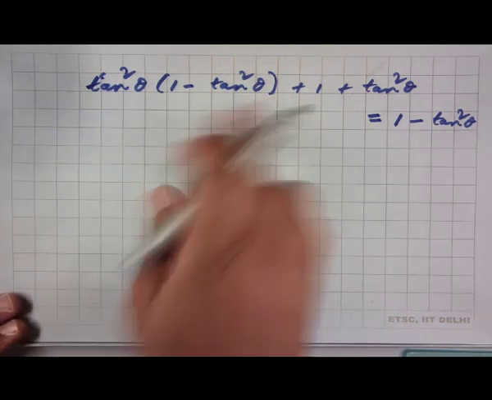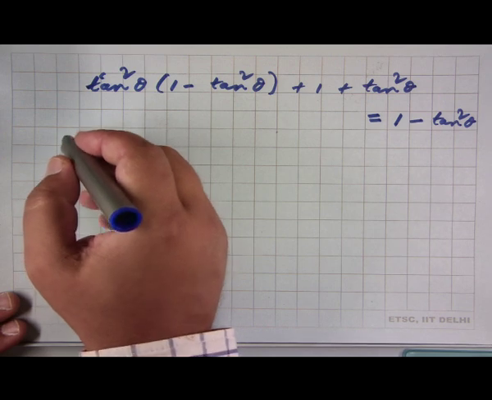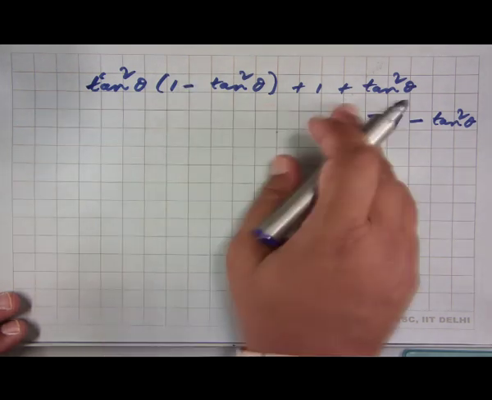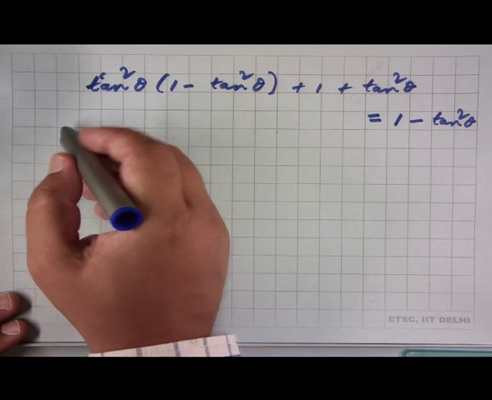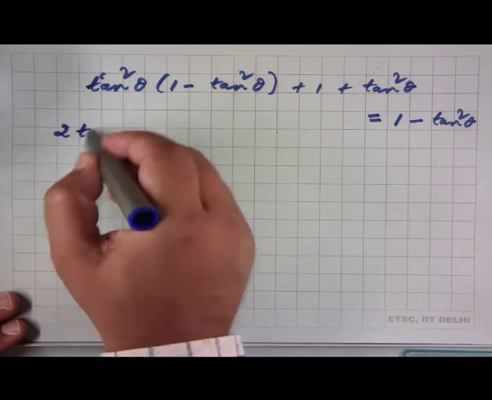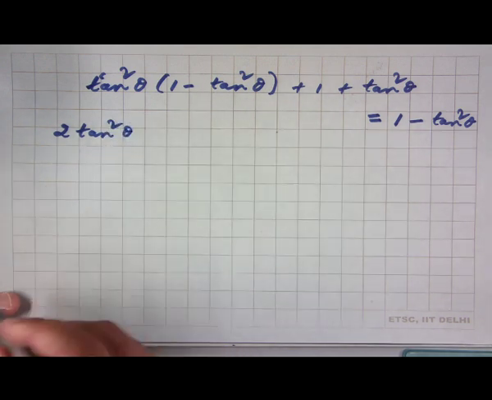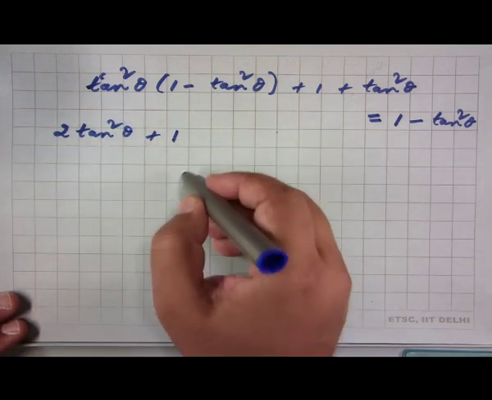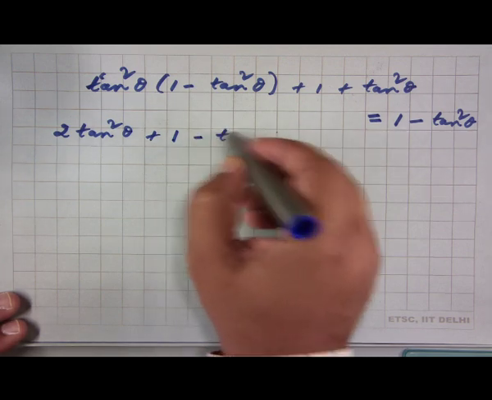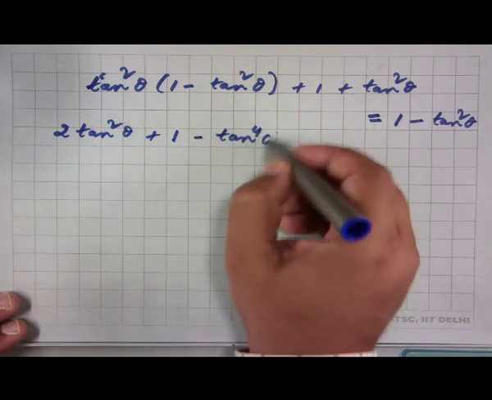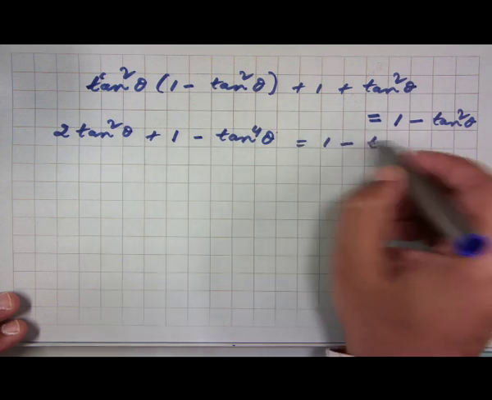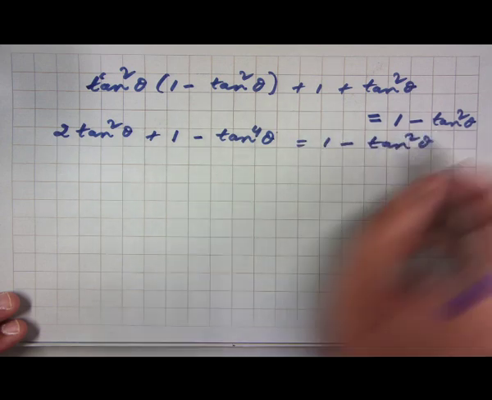If we open up these braces, on the left hand side we get 2 tan square theta plus 1 minus tan 4 theta equals 1 minus tan square theta.